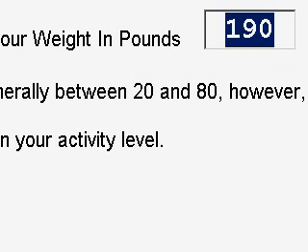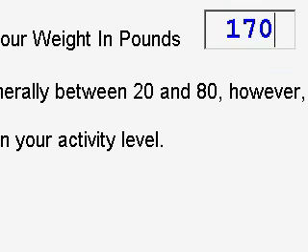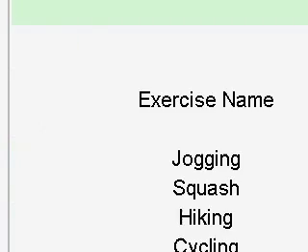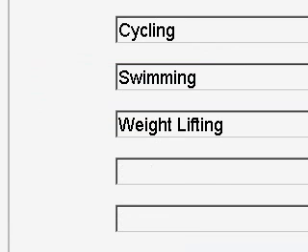And that's that. Now what we're going to do is go back and make a couple of changes. Let's say 170 pounds. Let's say we reduce our activity level. Okay, I'll reduce some exercises here.